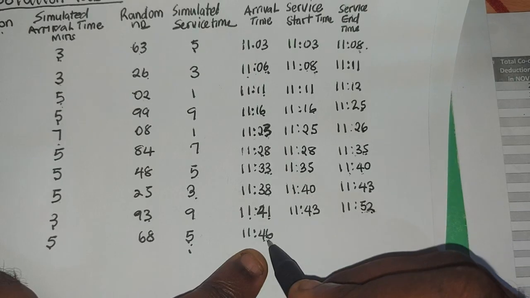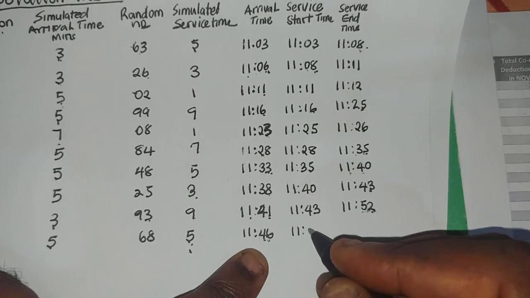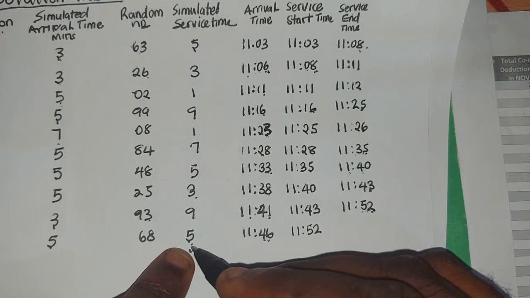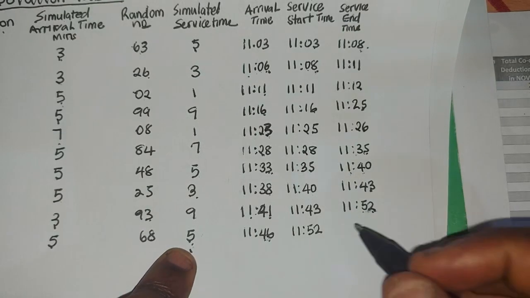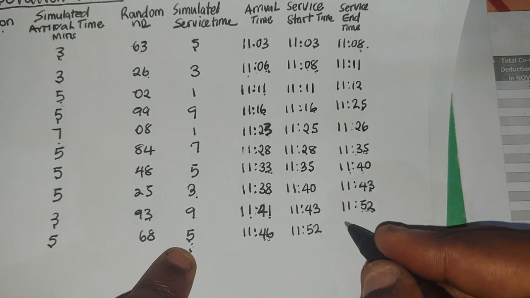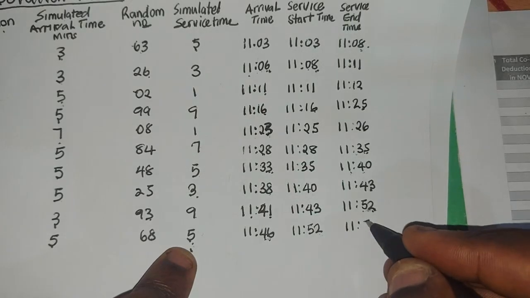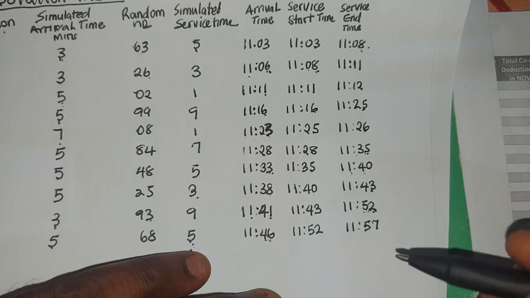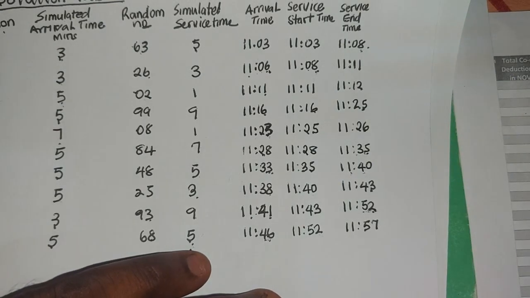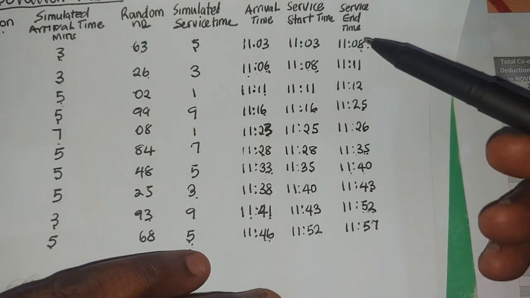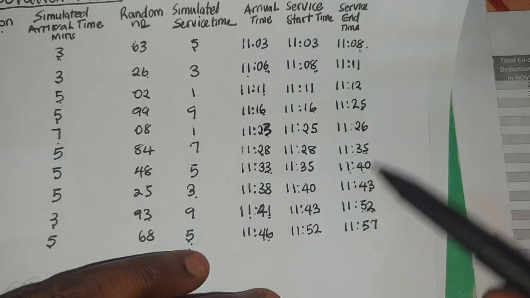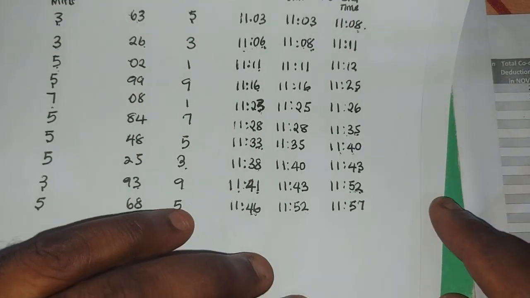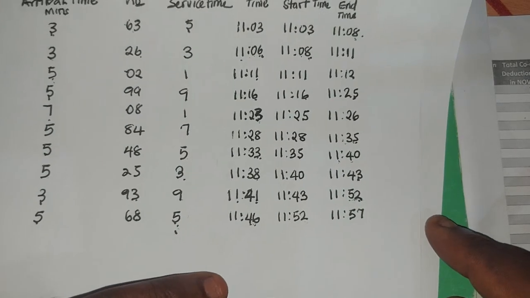So you have to wait till 11:52, and that customer, the last customer, spends 5 minutes. So when you add 5 minutes, the service ends 11:57. So it means that all the customers spent 57 minutes in the service. That's what it means.